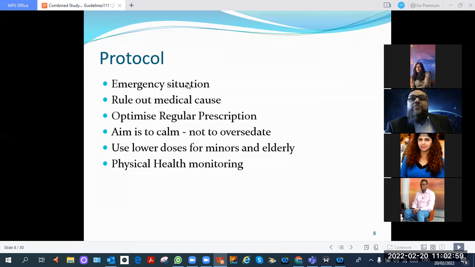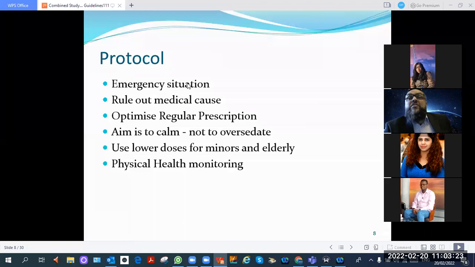Somebody told me the HIPIC mnemonic. So HIPIC is historical risk factors. Historically, has the patient done anything in the past? Or something illness related, drug related risk factors, or is there a past psychiatric history? Is there past medical history? Is there a family history?